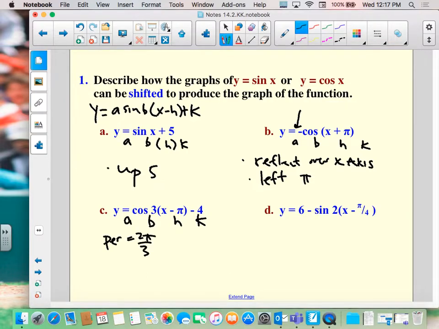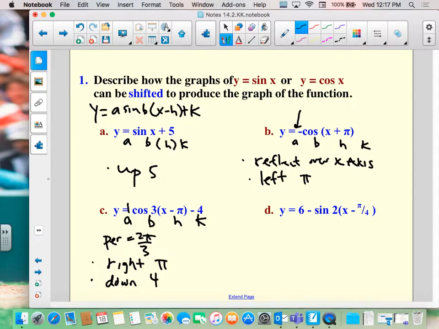That's not really a shift, but it's going to change the wave. We've got a minus pi, so that's going to be to the right pi. And we've got a minus 4, which is going to be a down 4. So I guess technically this only has 2 shifts, but I do want you to notice what all the letters stand for. A is 1, B is 3, H is minus pi, K is minus 4.